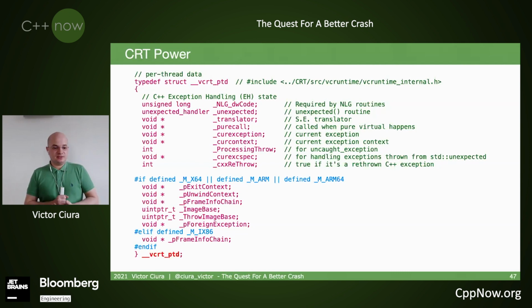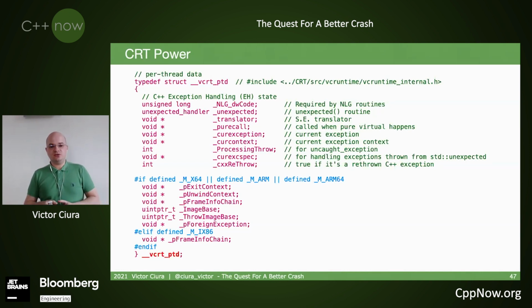CRT power comes mainly from this structure. And again, I mentioned this is per-thread information. Each thread has its own context and its own exception handling machinery. This structure has everything you need to get hold of the current context, the current in-flight exception, and any translator that might be installed on that thread, and so on.